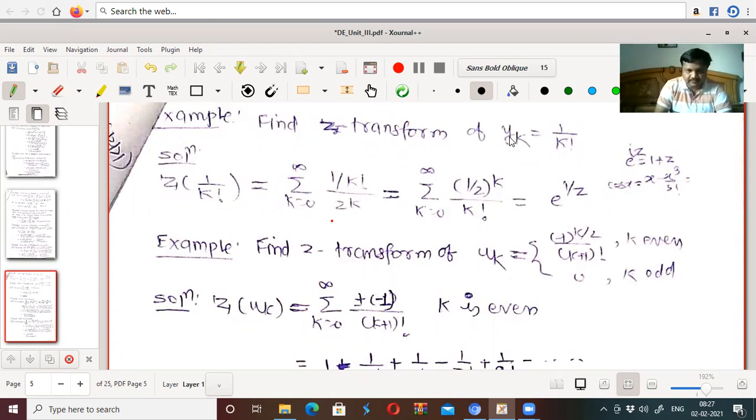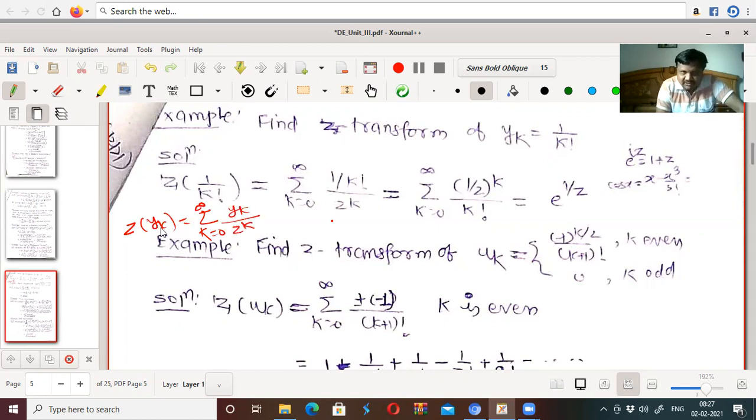In the last lecture, we have seen the definition of Z transformation of a sequence, that is Z of yk equal to summation k from 0 to infinity yk upon z to the power k.